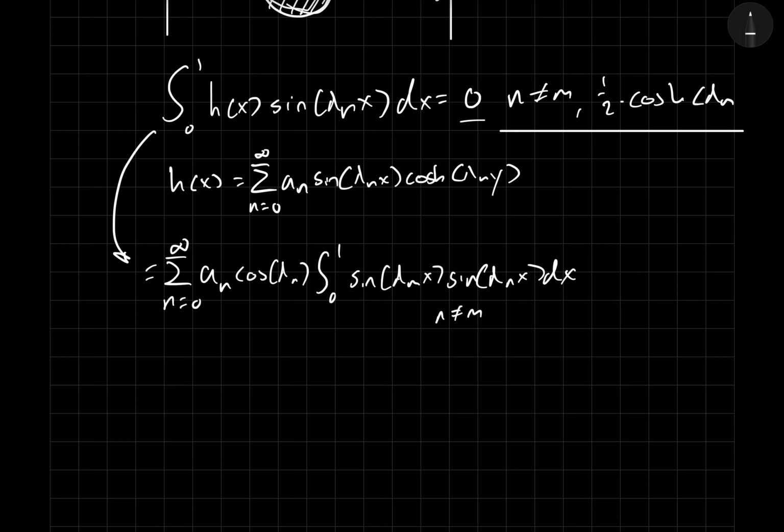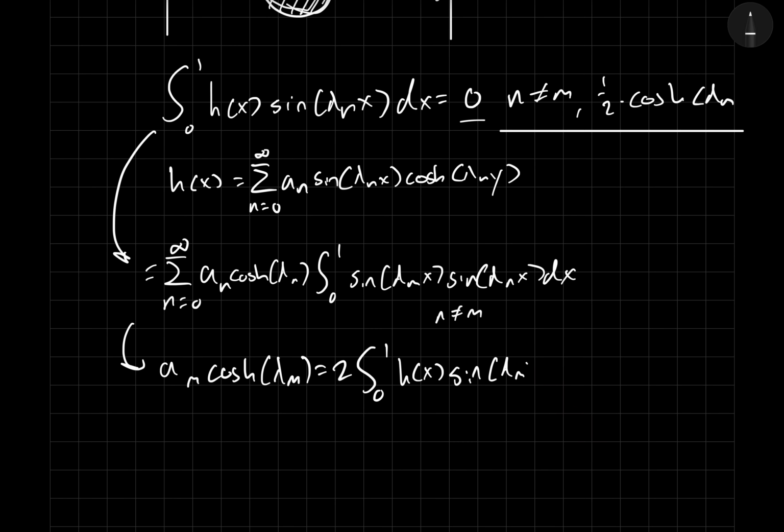So then finally, we don't have to directly solve for this part, the h part, but we can just say that once you take this, we have the relationship cosh of m equals 2 times the integral from 0 to 1 of h(x) sine mx dx.